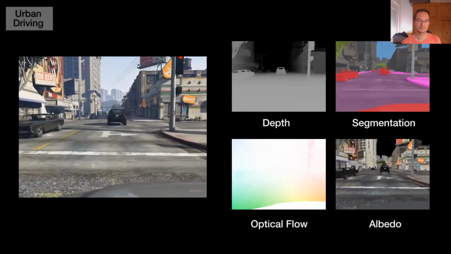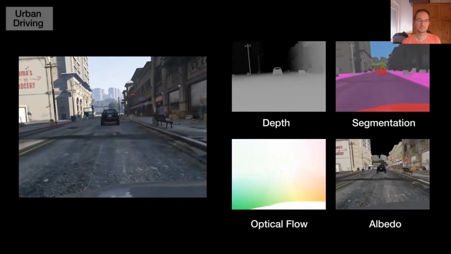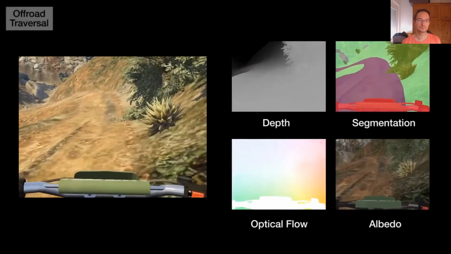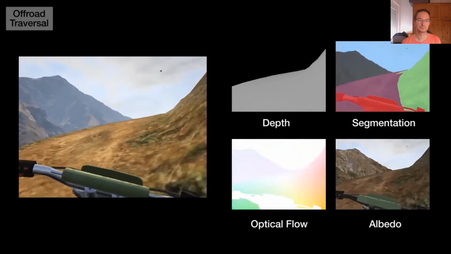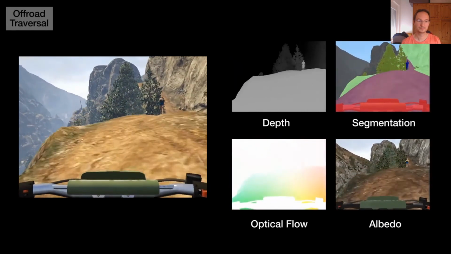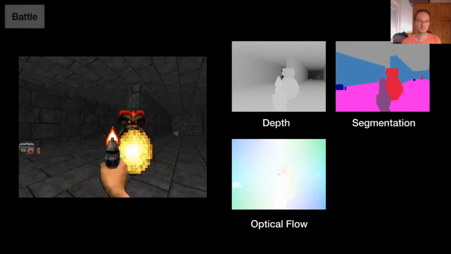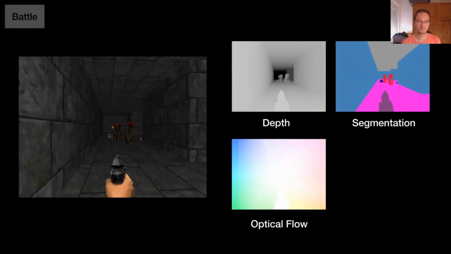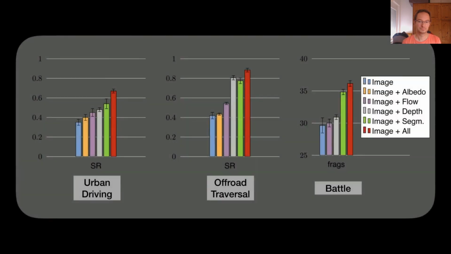In urban driving, our agents need to move through busy city streets to reach their goal. On off-road trails, the agents ride on rough mountain roads where a wrong turn can mean an untimely end by plunging off a cliff. In battle, the agents face alien monsters in a fight for life or death. We find that agents that use computer vision are hardier.